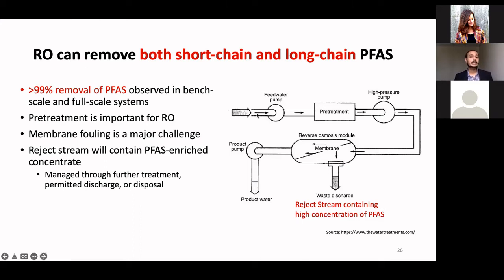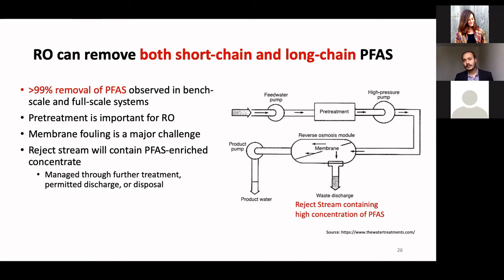One of the important challenges is membrane fouling, which can occur due to the presence of other organic matter and the growth of bacteria. This could increase the O&M cost, and the water quality can influence the performance of the systems and treatment of PFAS.